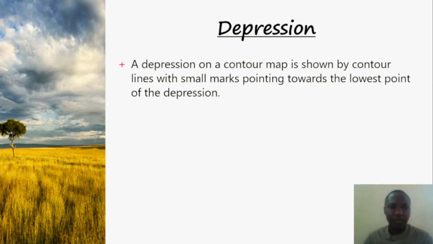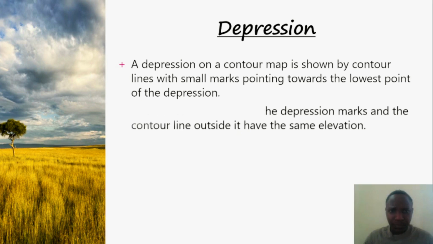Depressions are lowland features. Now, on contour maps, a depression is shown by contour lines that have small markings pointing towards the lowest point of the depression. So you can tell this is a depression by seeing that the contours are marked with small markings pointing towards the lowest point.